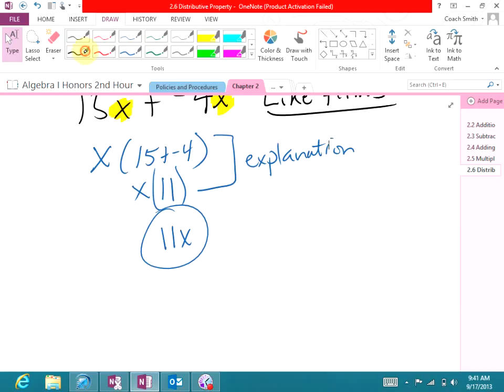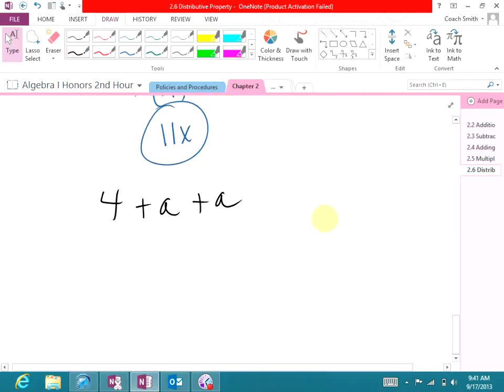Fairly simplistic. 4 plus a plus a. Now, for some reason, this is where people get a little confused sometimes. How many a's do I have? 2. So this would be 4 plus 2a. A lot of times people will put a squared.